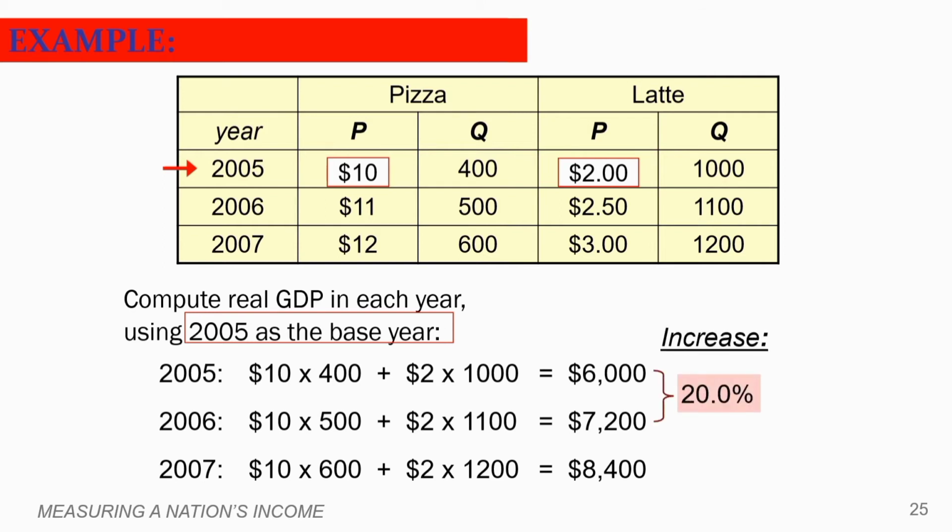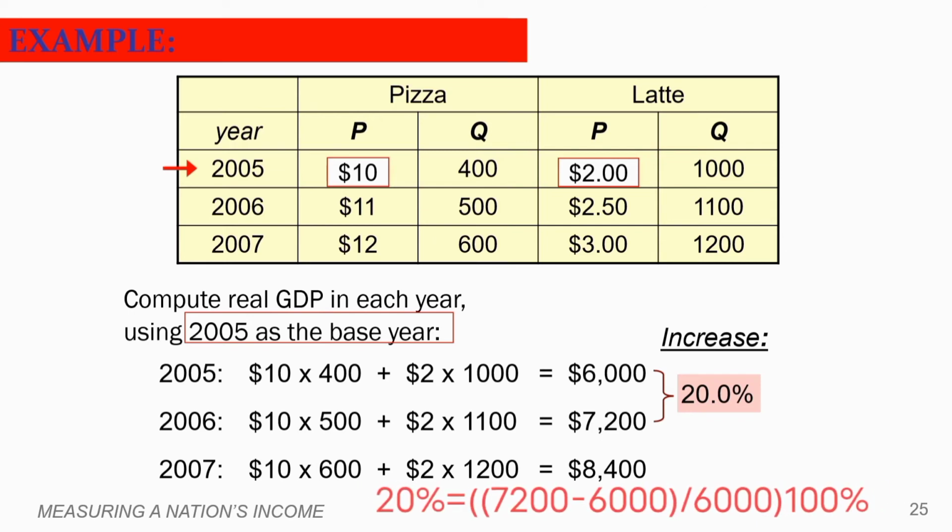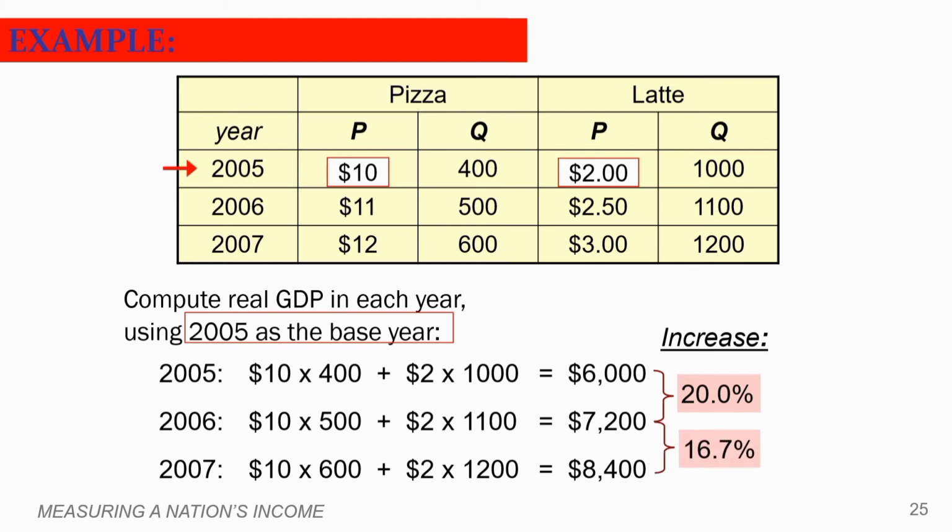So calculating the increase in production from 2005 to 2006, it is equal to 20%. Real GDP has increased by 20% in 2006 and 16.7% in 2007.